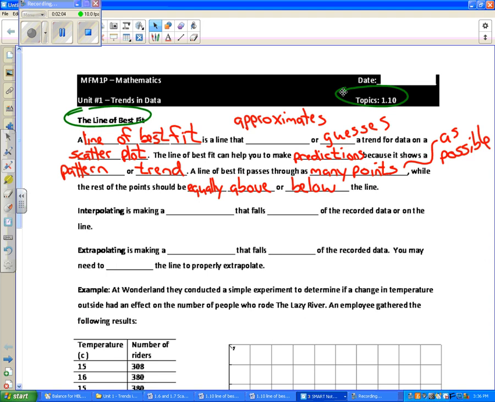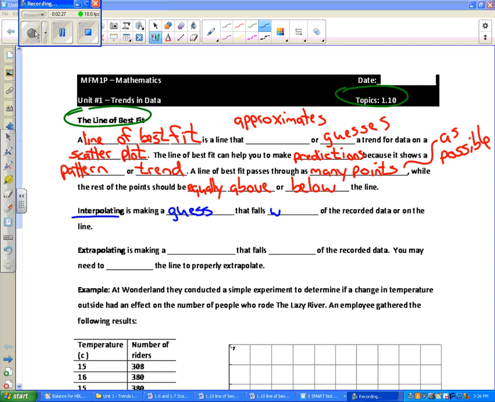There's a couple of key words that I want to look at next. The first one is interpolating. Interpolating is making a guess that falls within the recorded data, one that falls on the line.